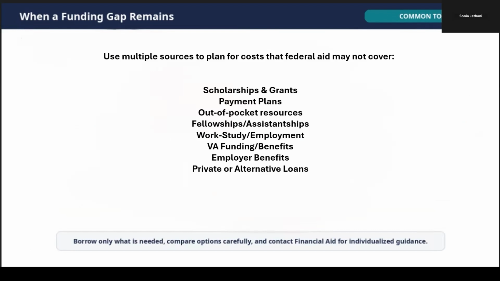The goal is to identify the gap as early as possible so students have time to review options before charges are due. Students should also be cautious about borrowing more than they need and should speak with financial aid if they have questions about how different funding sources may affect their aid package.